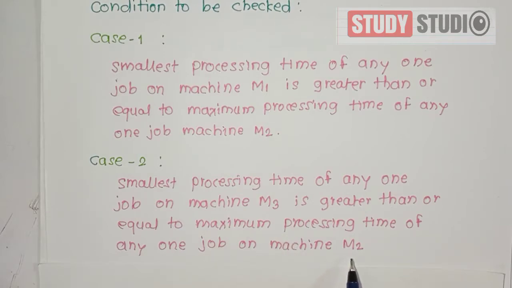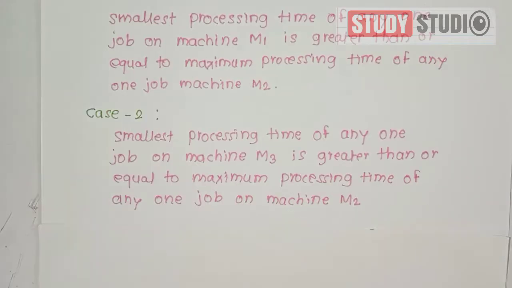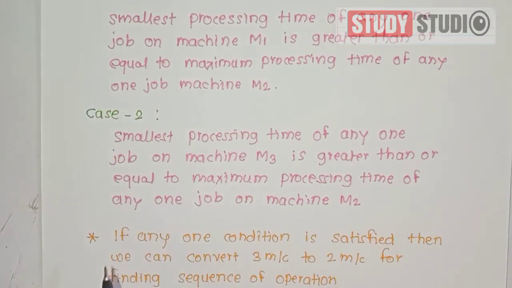So in both the cases, the smallest processing time of machine M1 and M3 is to be compared with the maximum processing time of machine M2. Now see, if any one condition is satisfied, then we can convert 3 machine to 2 machine for finding the sequence of operation.